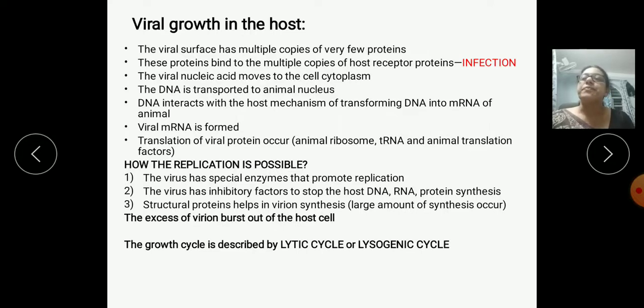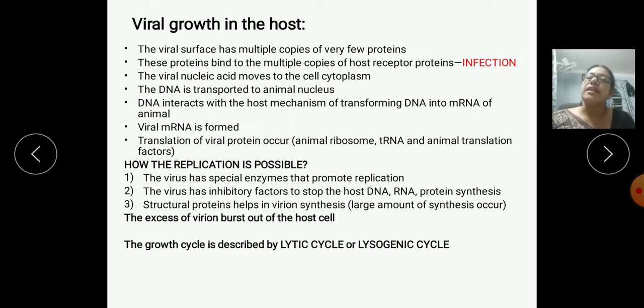The virus or the viral nucleic acid moves out and the phospholipid layer is removed. Now this viral nucleic acid goes and enters into the DNA of the animal nucleus, and what they do is they start synthesizing the mRNA in the host cell using the host cell enzymes, using the host mechanism, and then the viral mRNA is formed.